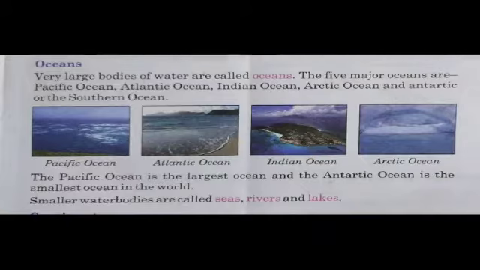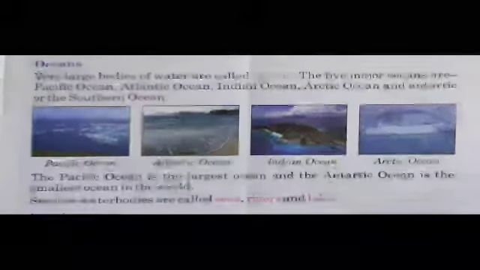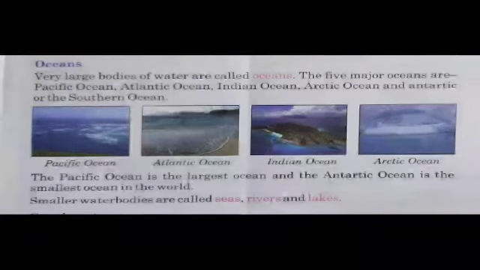Pacific Ocean is the largest ocean, and the smallest ocean is Antarctic Ocean. Remember it. The largest ocean is Pacific Ocean and the smallest ocean is Antarctic Ocean. And the other smaller water bodies are seas, rivers, and lakes. Okay. Now let's learn about continents.